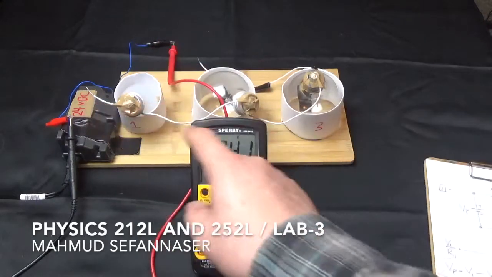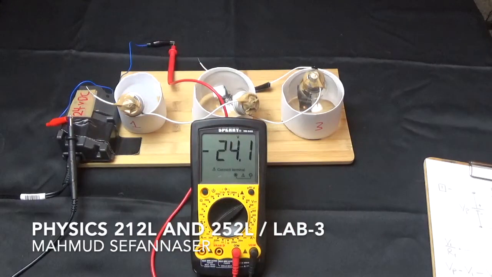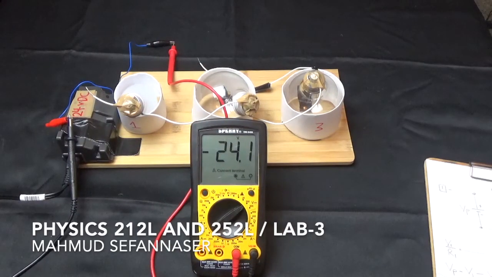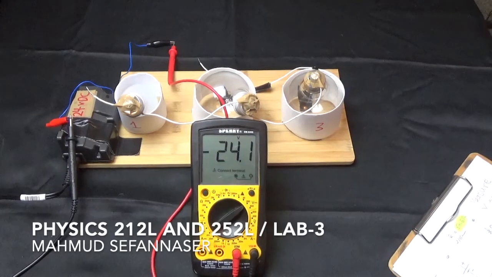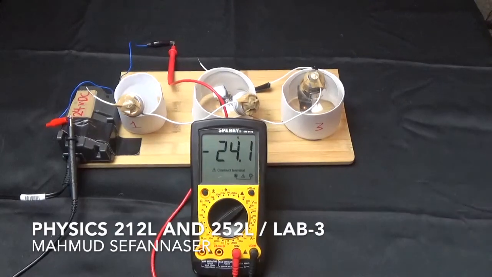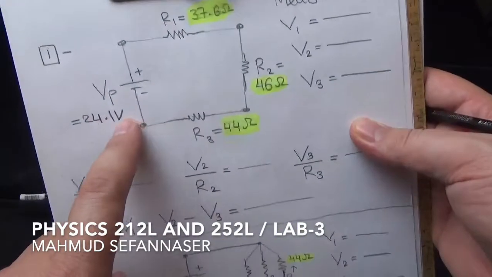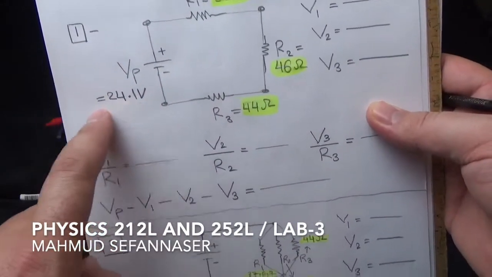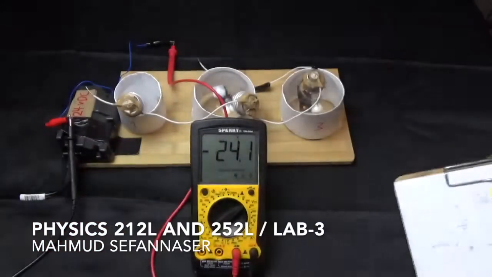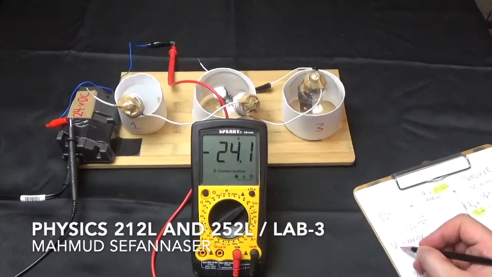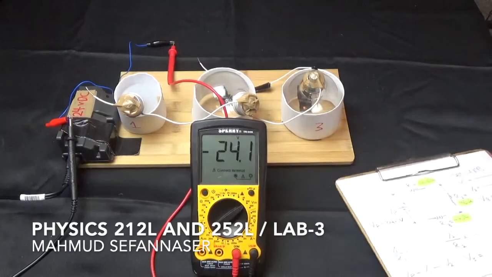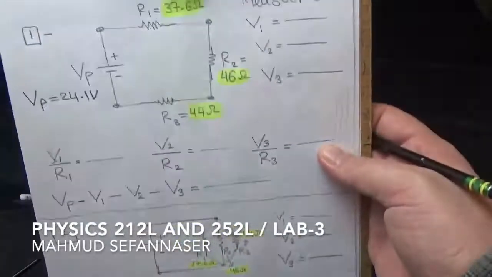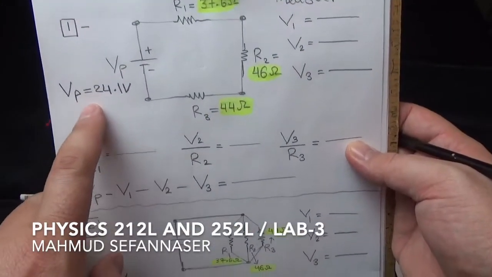This is the power supply voltage, and we will write it here. It's equal to 24.1 volt. I will write down VP here, so we know that we are writing VP.